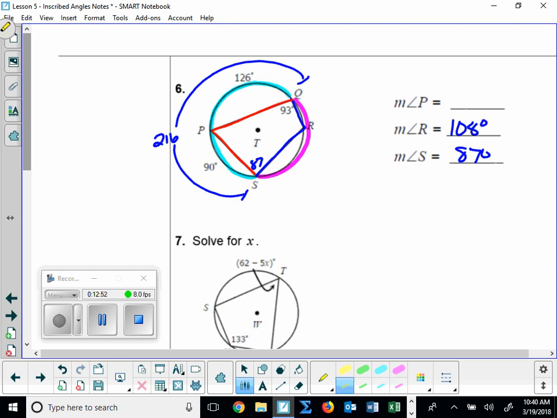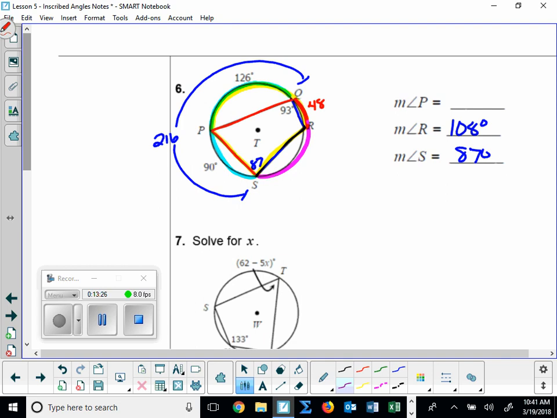Let's look at angle PSR, which would intercept all of this, right? PSR is 87. So RQP is double 87. 87 times 2 is 174. Now I need to subtract out the piece I know, 126. So 174 minus 126, and this piece is 48.